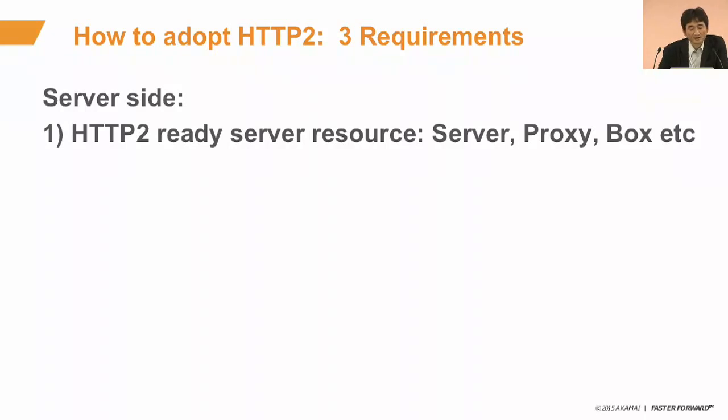One is the server itself, like Apache or other HTTP server. And there is another type of implementation which works something like a proxy sitting in front of a server and only takes care of the HTTP2 protocol. And the third type is appliance. So you can just purchase and put it in front of the server. But anyway, you definitely need a server resource which works with HTTP2 protocol.